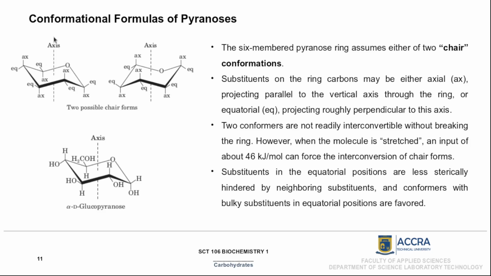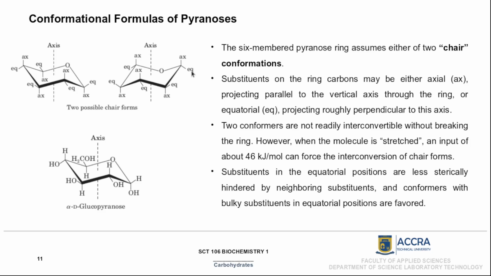Now you imagine that there is an axis going through the chair. All groups pointing parallel to this axis on the carbons of these chair conformations are referred to as axial groups, and the groups pointing perpendicular to this axis are referred to as equatorial groups.